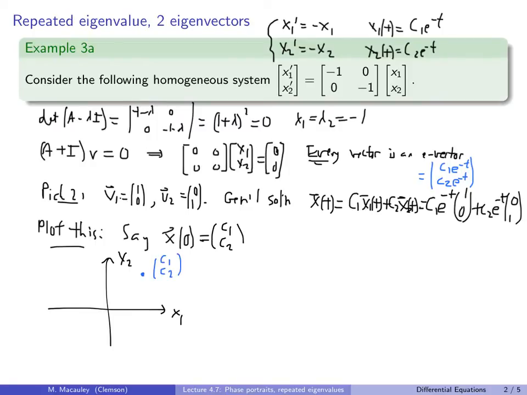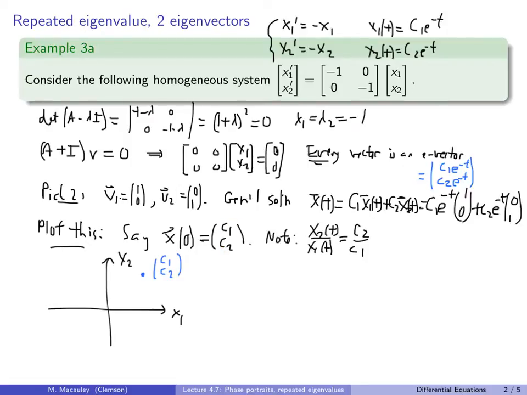So then, note that the slope x2 of t over x1 of t, by x2 I mean this x2 and this x1, there's no vector involved here, is just c2 over c1. So this ratio is c2 over c1.